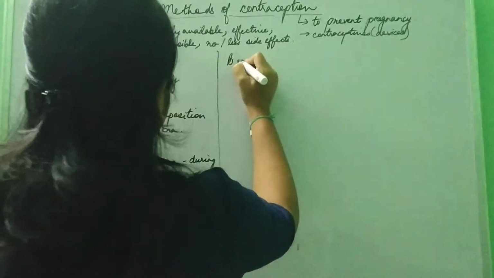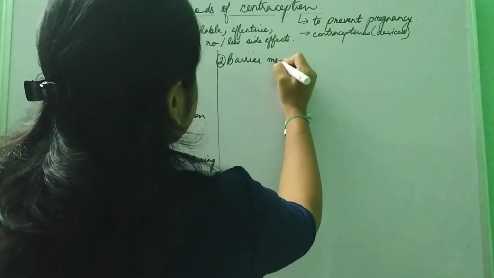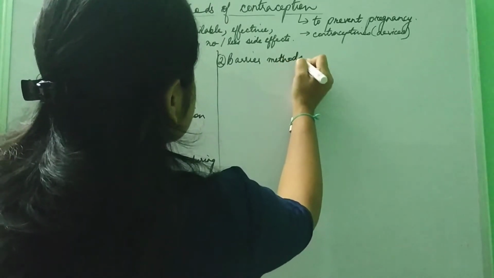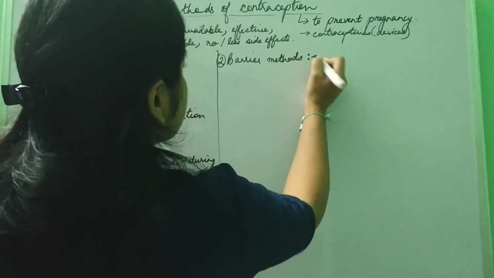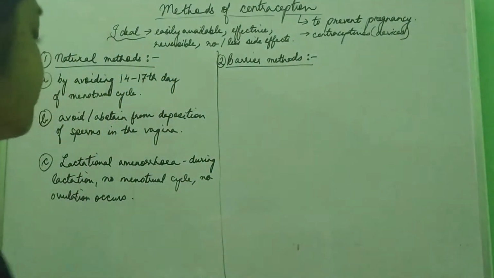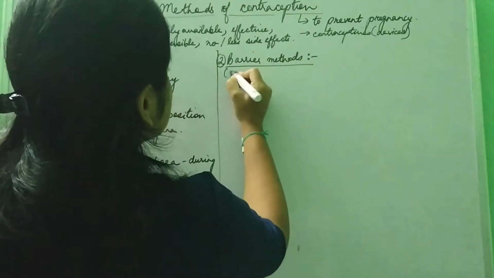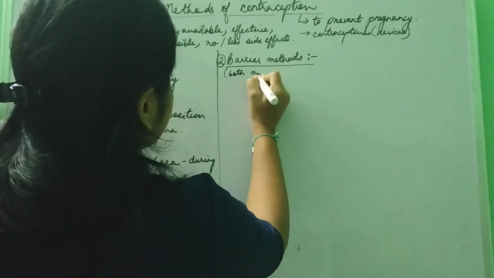Next we'll see barrier methods. Barrier methods are physical devices which are used, and this is most common. These are used for both males and females.